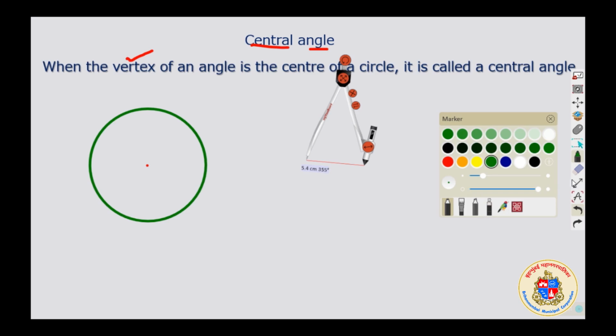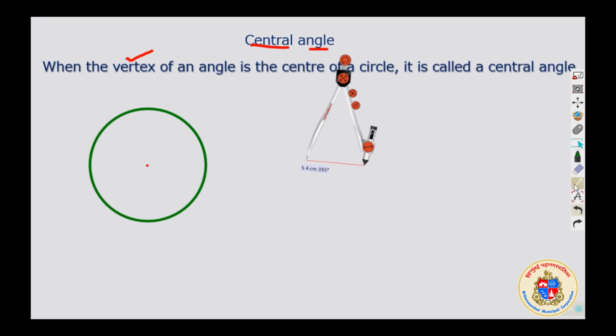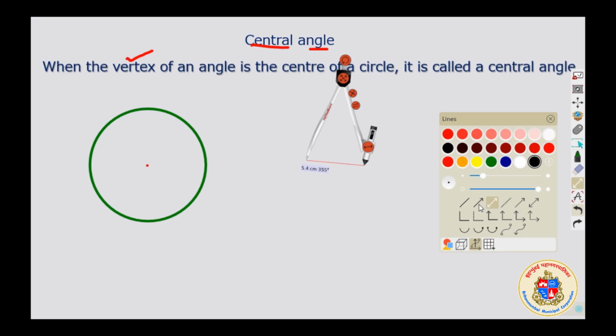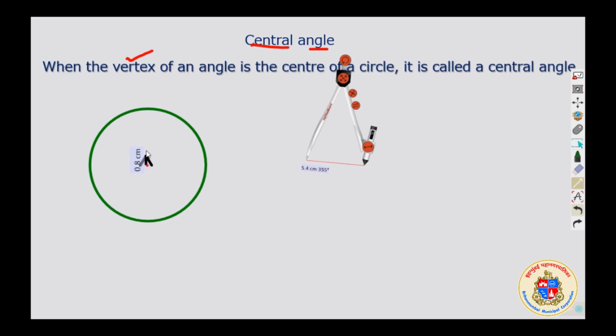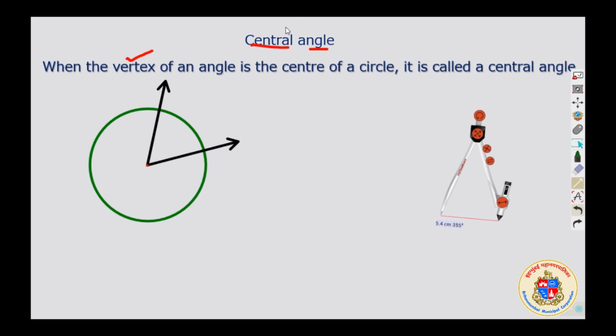I am drawing an angle this way, with the vertex at the center of the circle. Vertex of the angle is the center of the circle. Then we call it as central angle. तो मैंने central angle बना दिया.